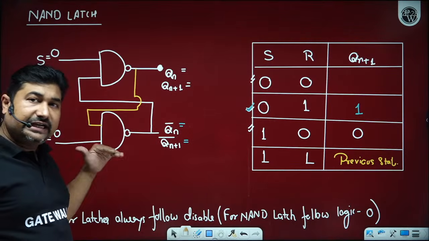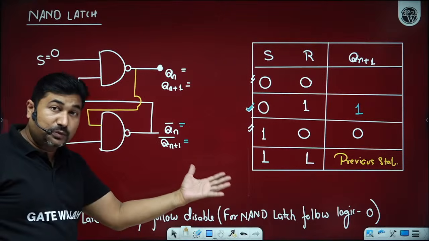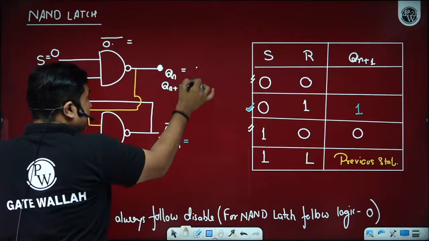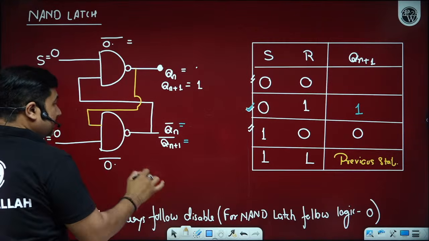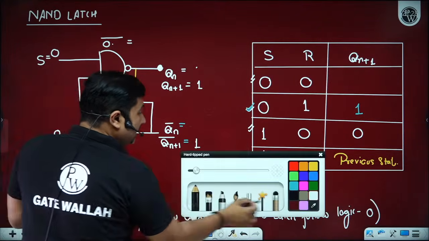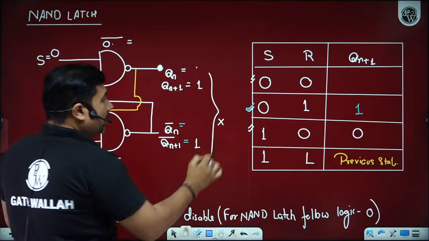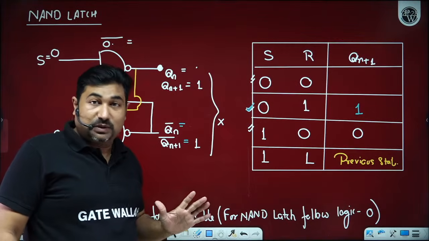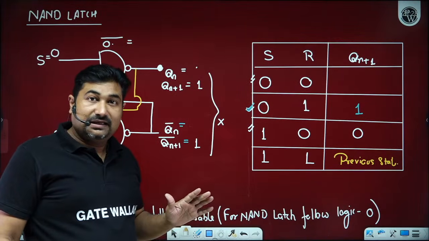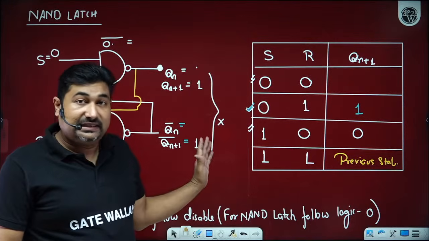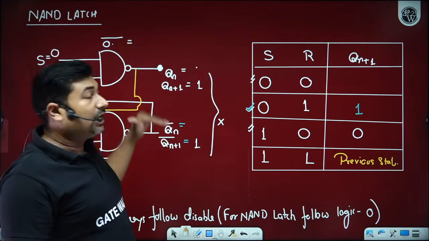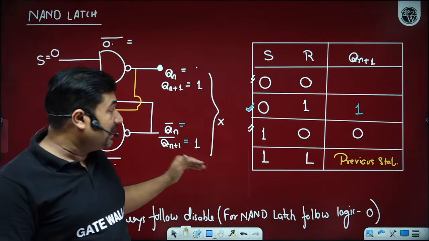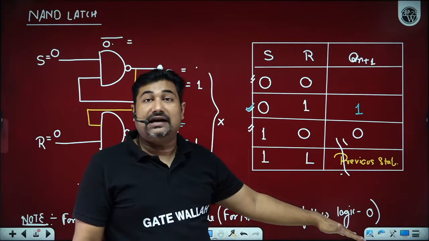When both the logic gates get disabled, it doesn't matter what your previous state is, because 0 multiplied by anything is 0 and its complement is 1. We can't define this state. Why? Because if I am saying Qn is equal to 1, then I can't say Qn bar is also 1. It is happening, but we can't define this state. As per this state, we can say both the outputs as Qn. But if I say both the outputs as Qn, then the rest of the three states are undefined.